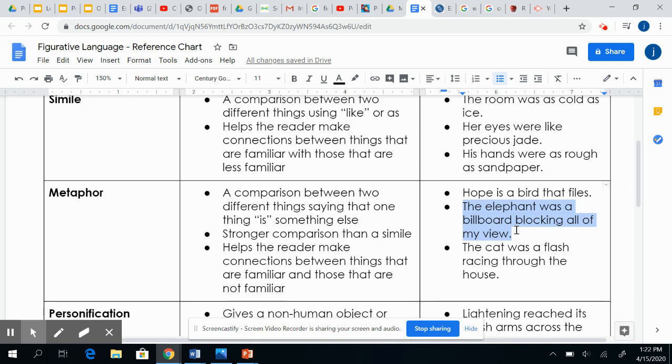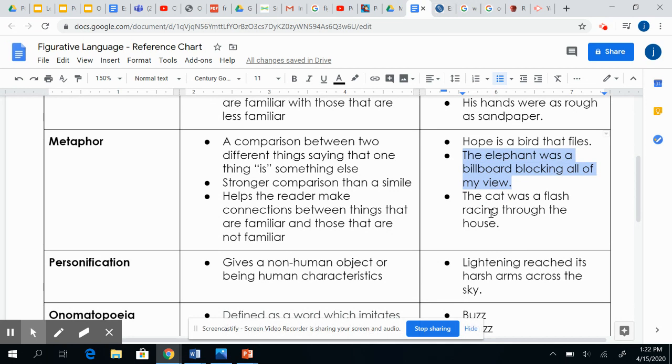And because I'm using a comparison with the word is, I'm saying that the elephant is a billboard. It has all of its characteristics, and the two are not just similar, but are very much intertwined.